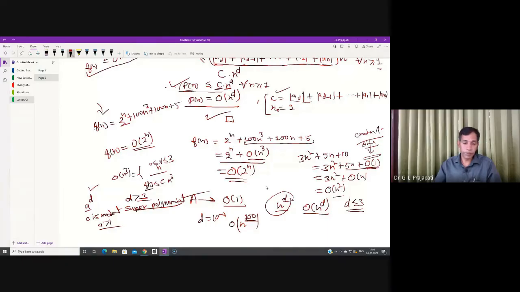For example, 2 raised to the power d, or a can be 3 raised to the power d, or a can be 4 raised to the power d, and d can be anything. So this is exponential in nature: simply some constant raised to the power of a variable term. So try to avoid writing algorithms that are exponential in nature.